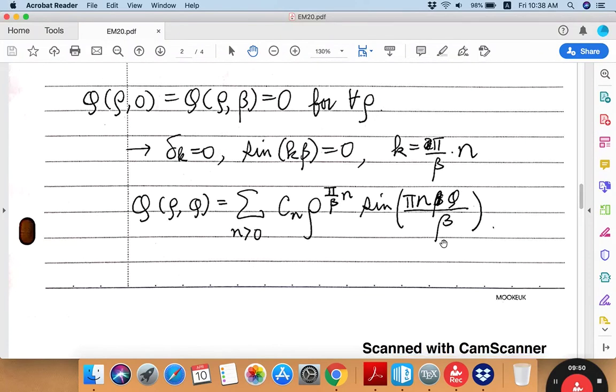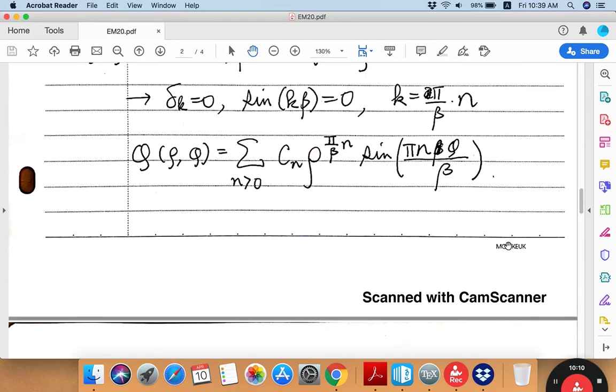And so finally, we have this simplified form of the solution of the potential, which is given as the sum over all possible positive integers n, and the solution has this power series form. And still, there's this unspecified constant Cn.